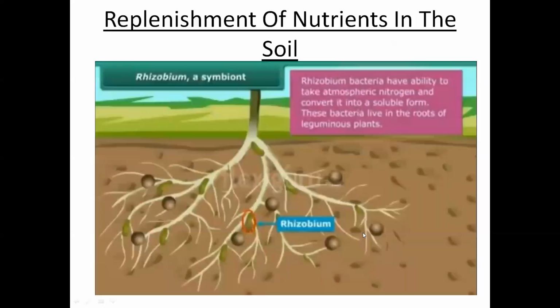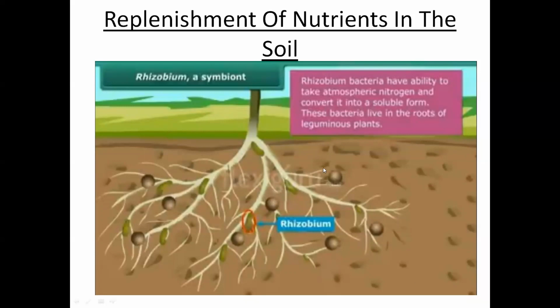Okay. So in the topic, the last point was replenishment of nutrients in the soil. You must know there are many minerals present in the soil, and roots absorb them. Still, whenever farmers grow crops, they have to add fertilizers and manures for proper growth of the plant.